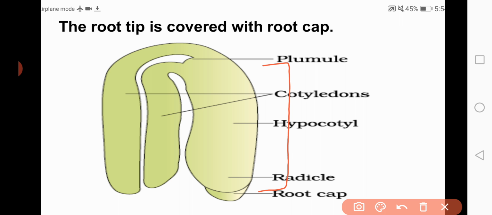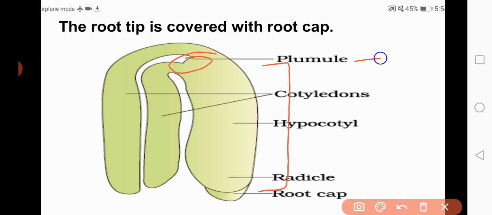Now the portion of the embryonal axis above the level of the cotyledons, that means this portion, constitutes the epicotyl region.